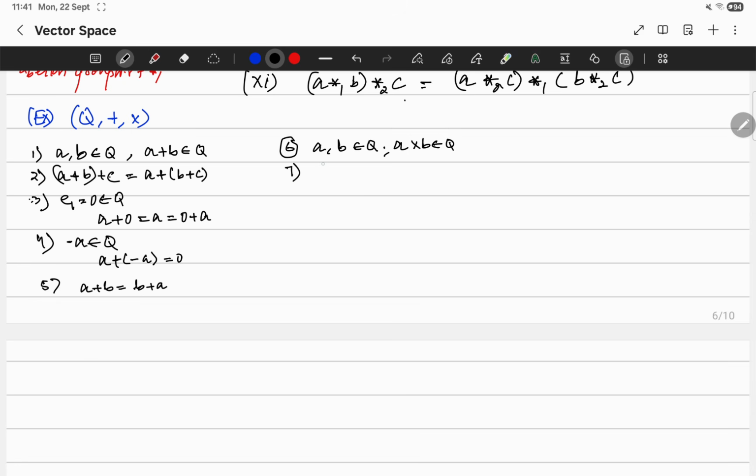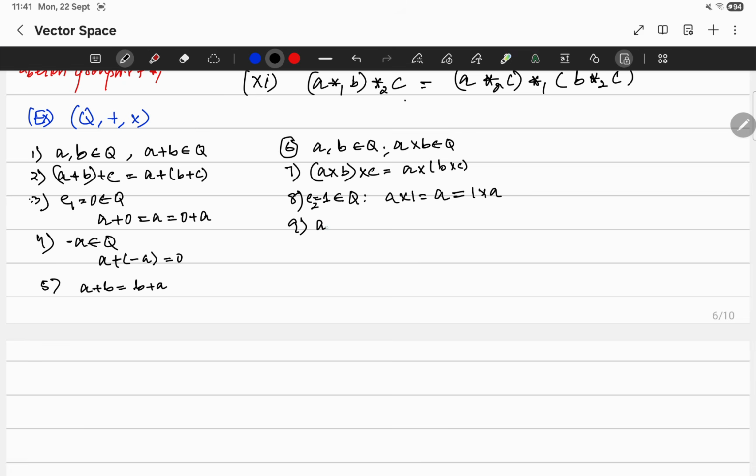Similarly, multiplication of rational numbers is associative, that is (a times b) times c. Similarly, we have 1 as a rational number, that is your e2, such that a times 1 should be a, that is 1 times a.